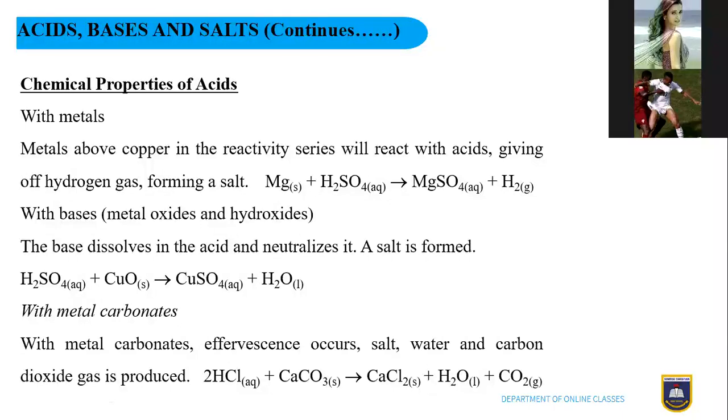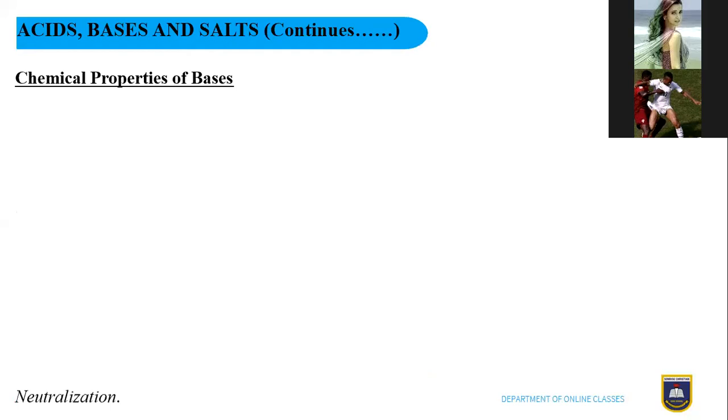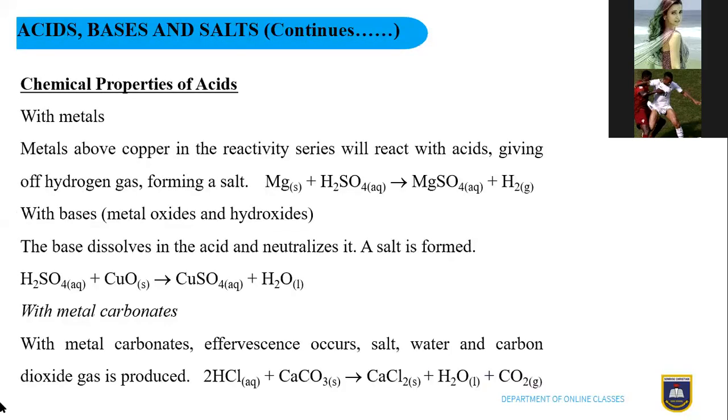Any question? These are the three main properties of acids. If anybody has any one you can think of, let me know. Reaction with metals: they liberate hydrogen gas when they react with metals. And don't forget the metal has to be above hydrogen in the reactivity series before that reaction can happen.